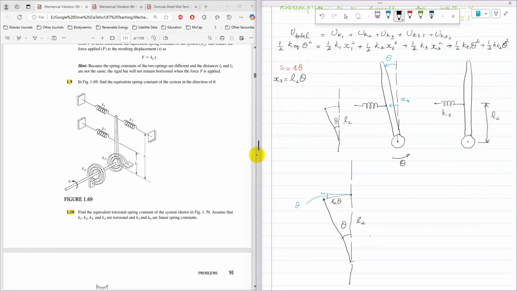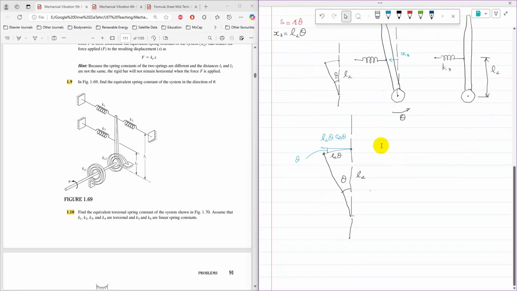Further, this curve can be converted to a line, or linear displacement, by going further, where the angle is theta. Then x3 here will become L2 theta, and this one will become its cosine component, cosine theta.